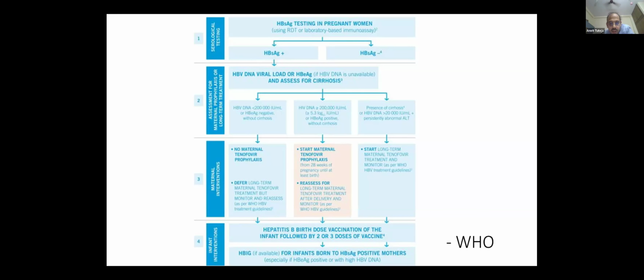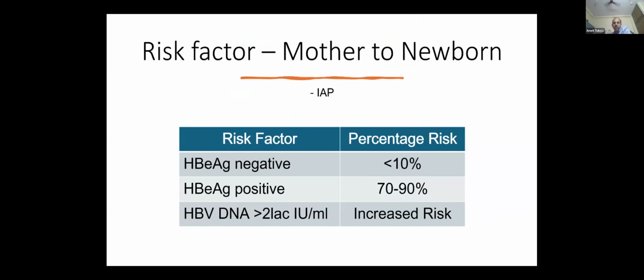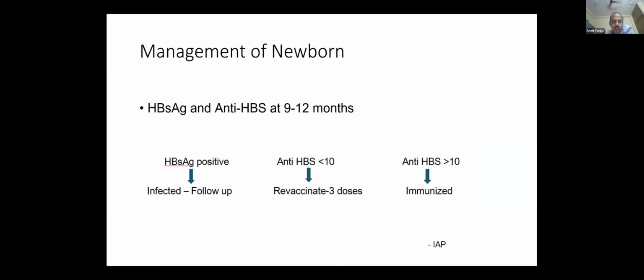Anyway, our part is that we have to give hepatitis B vaccine and the immunoglobulin at least within 24 hours. So the risk of transmission, if HBeAg is negative, is less than 10%. If it is positive, then it is 70 to 90%. And if the viral load is more than 2 lakh, there is again increased risk of transmission.